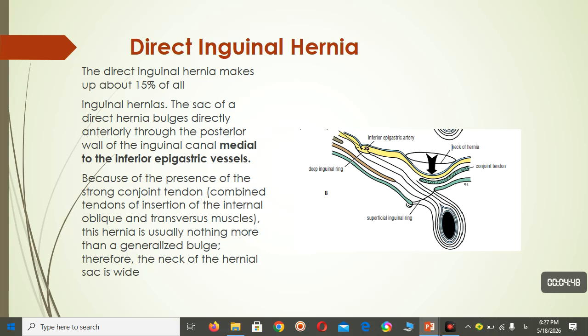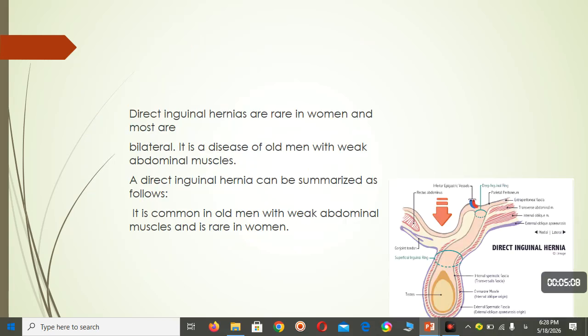It is 15% of all hernias. When here we have a weakness in the muscle, the posterior wall of the inguinal canal comes anteriorly, and the small intestine comes to the inguinal canal.